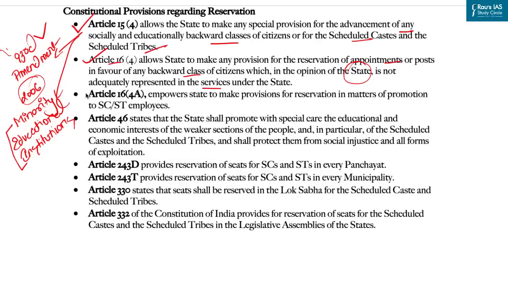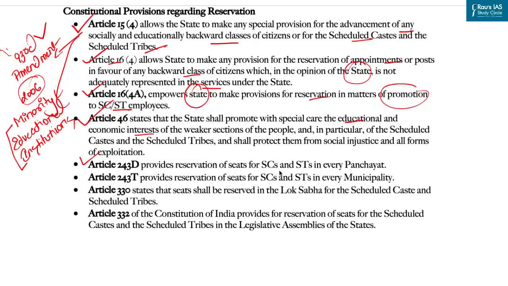Next is Article 16(4)(a), which allows the state to make provisions for reservation in matters of promotion to SC and ST employees. Next is Article 46, which says the state shall promote with special care the educational and economic interests of the weaker sections of the people, that is SCs and STs. Next is Article 243D.